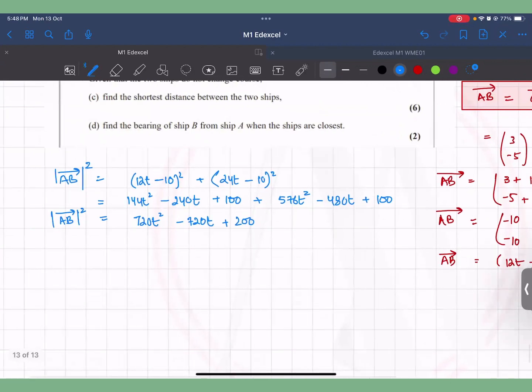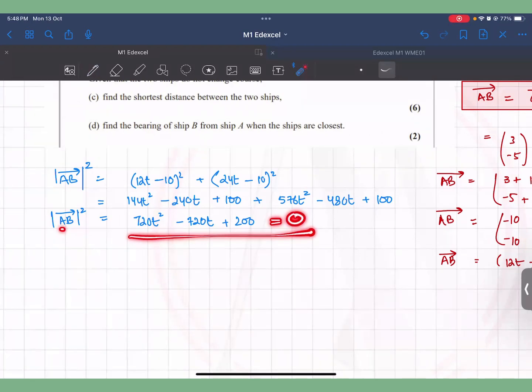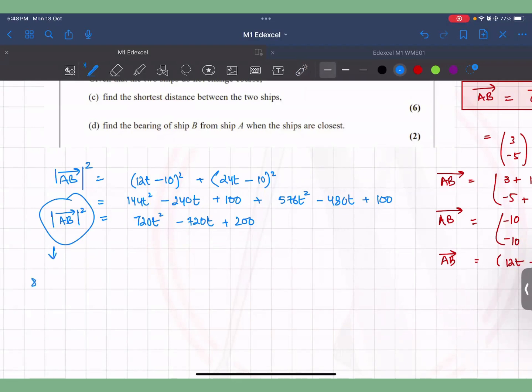If you solve it for 0 and use the quadratic formula, that would just give you the times when the distance between them is 0. AB is the distance, so the t values would be the ones where the distance between them is 0. You don't want that. You want the shortest value of this thing.